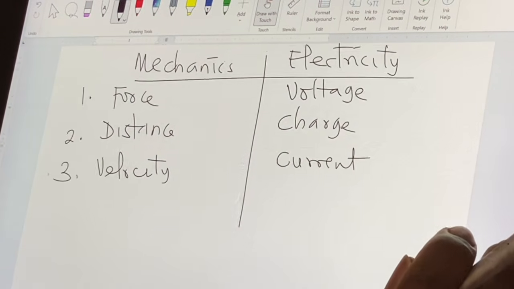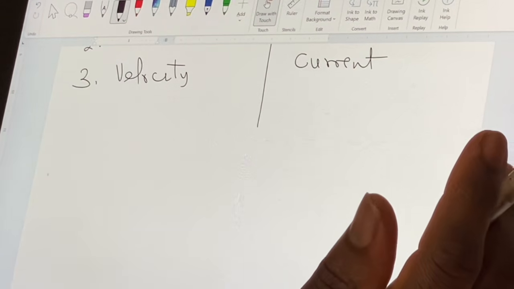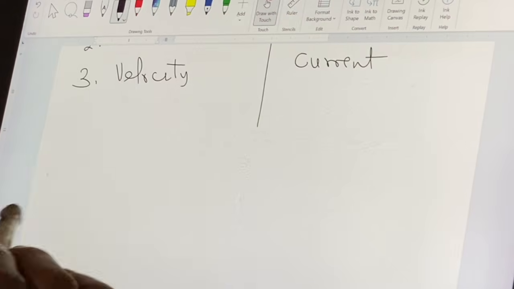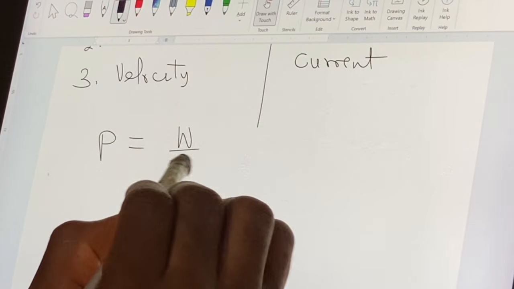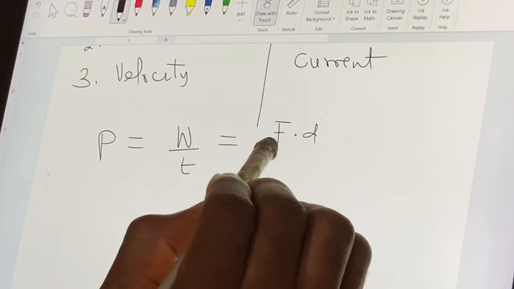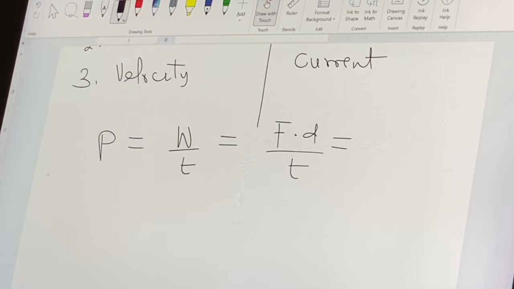Please take note. So from our analogy here, you can easily relate the work done as electrical work done. But before then, let's write this in the power. Power can be given as work done over time, which from mechanics is force times distance over time. So let's relate everything here to electricity.